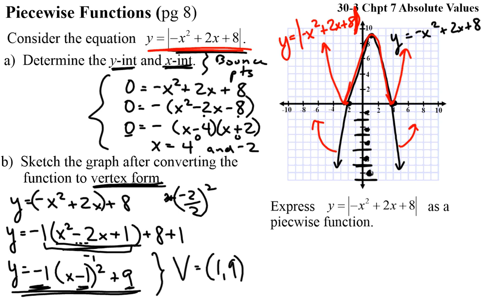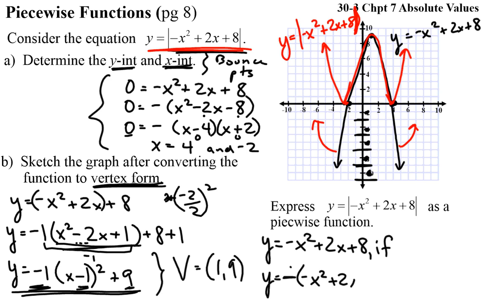Now we need piecewise. So piecewise, we want to know y equals negative x squared plus 2x plus 8. When does that happen? But we also want to know y is the absolute or negative of that. Where? Well, where does the graph happen normally?